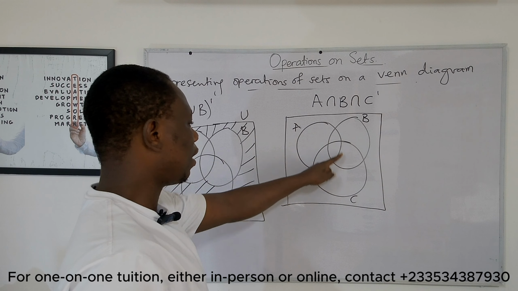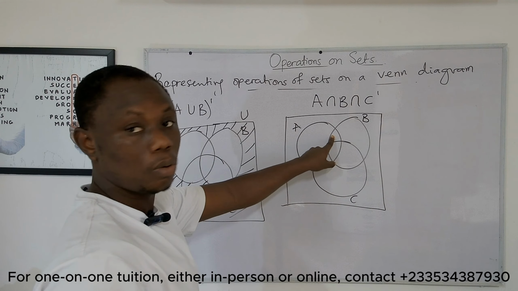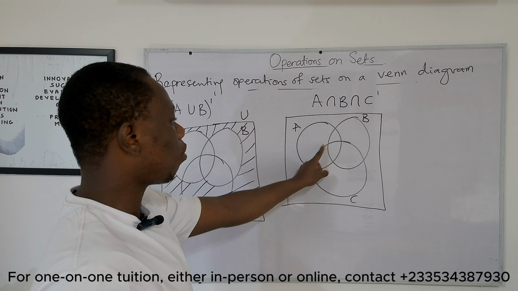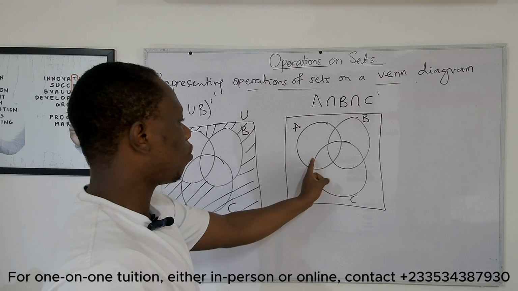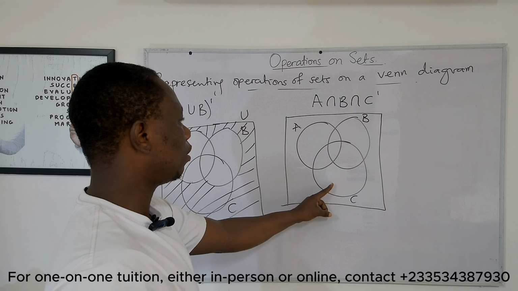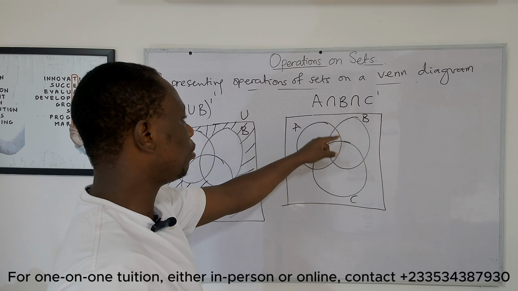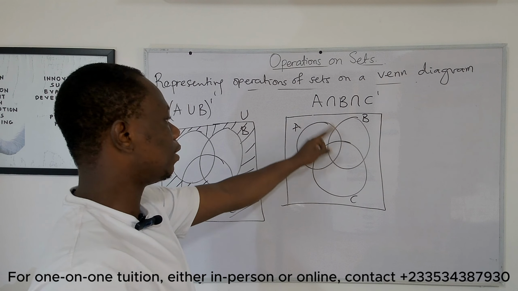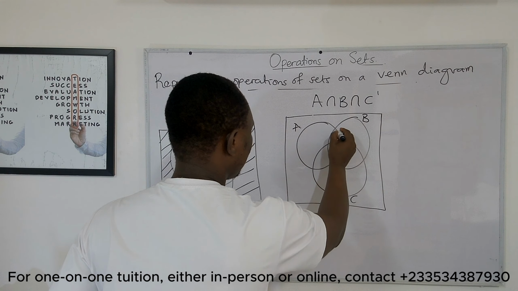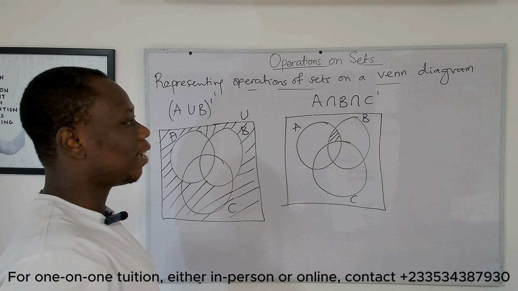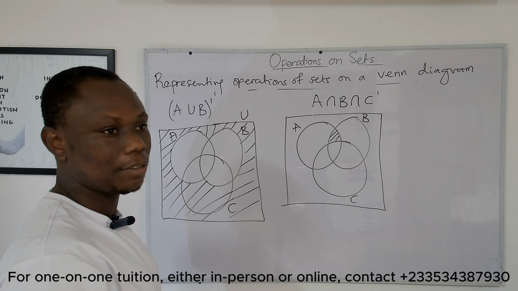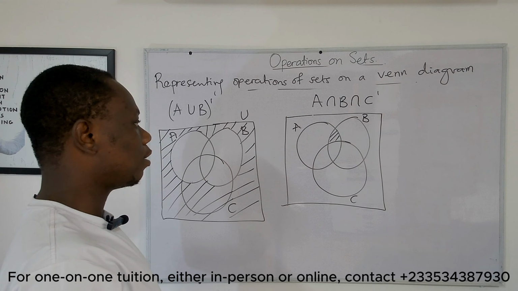And then intersection C complement, so all that is not in C, and will be in A and B at the same time. It's just this portion. This is where usually we will call A and B only.